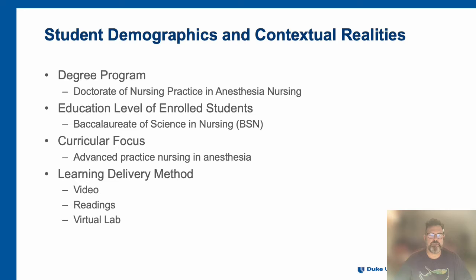The target audience, as you will see here, student demographics and contextual realities. The degree program that you are all seeking is a Doctorate of Nursing Practice in Anesthesia Nursing. You all come to us today with, at a minimum, a baccalaureate in science and nursing, and most of you several years in critical care.